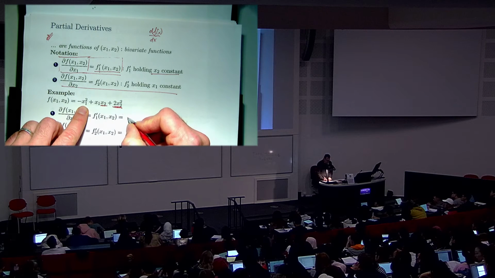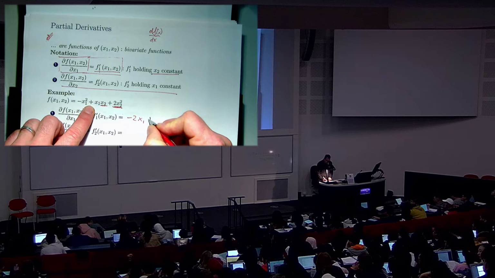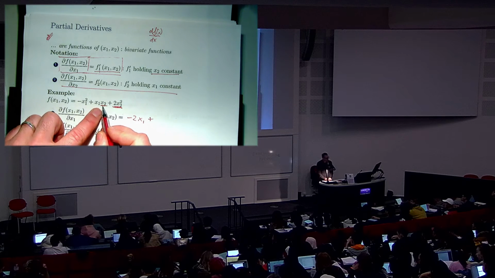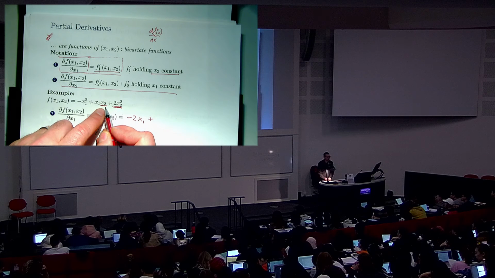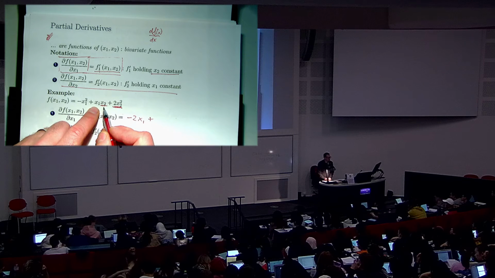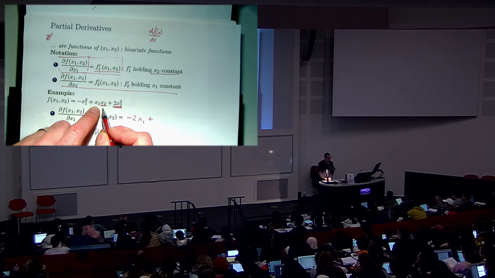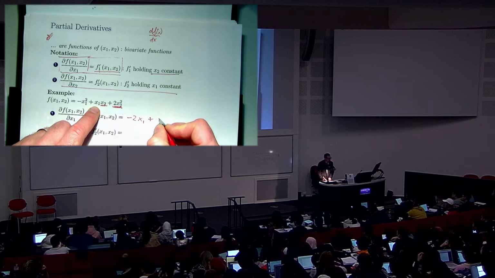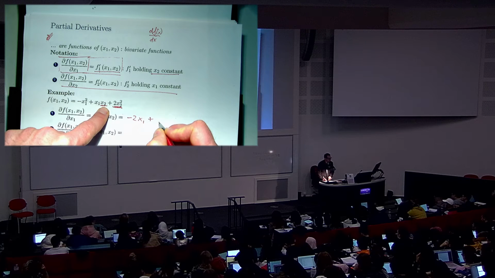Nothing changed here, so that's negative 2x1 plus, here we have x1 times x2. Perhaps in your mind, think quickly that x2 could be called c for a constant. So if it said plus x1 times c, what would be the derivative with respect to x1? c. So in your mind write c, but now we remember, hang on, c was really x2.